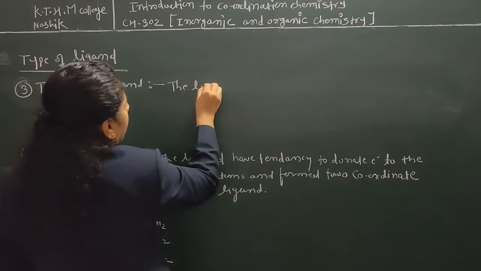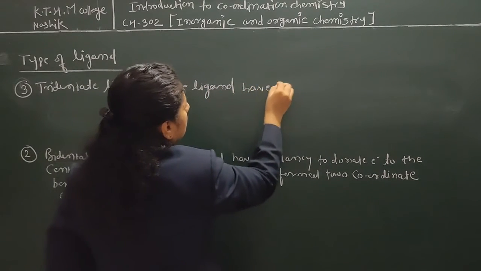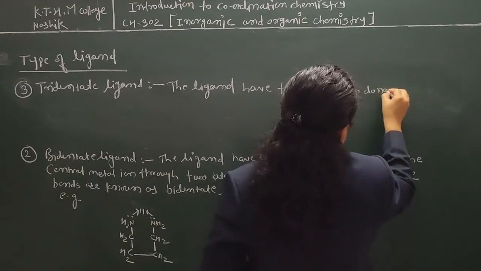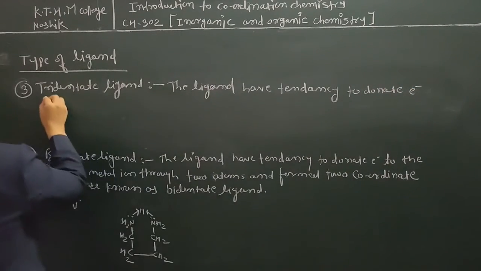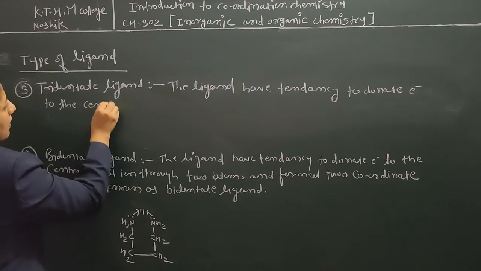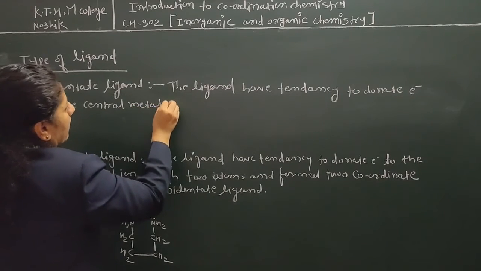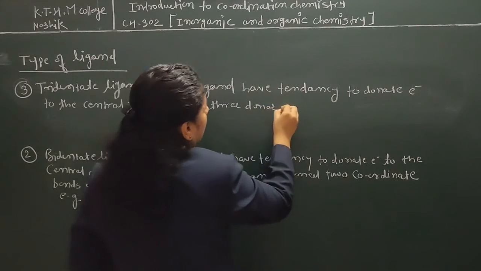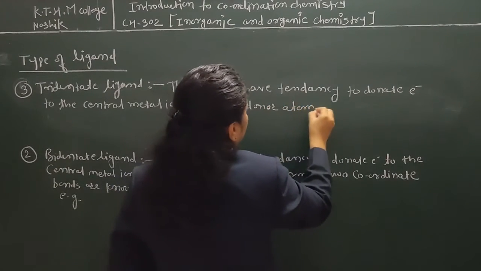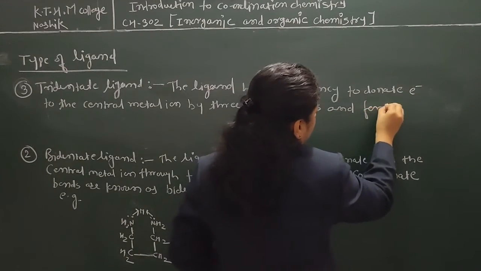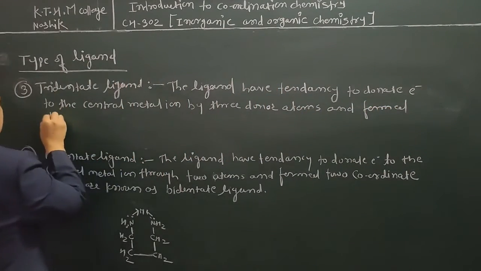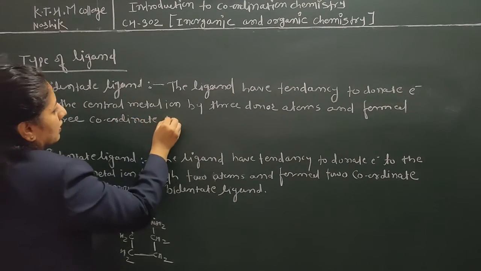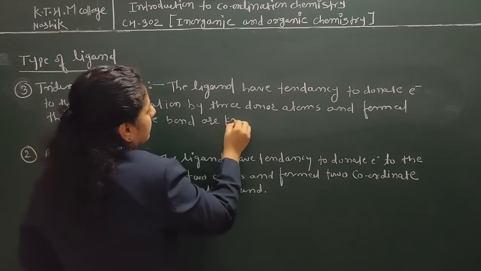A ligand that has a tendency to donate electrons to the central metal ion by three donor atoms and forms three coordinate bonds is known as a tridentate ligand.